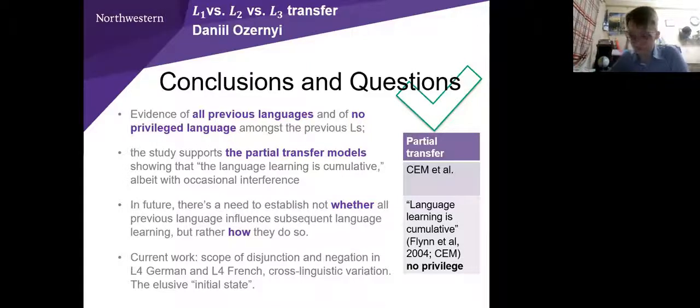Looking into further research, I think this study strongly suggests that there is a need to establish not whether all previous languages influence the subsequent language learning, but rather how it is that they do so. To do so, my follow-up work, which is at the stage of data analysis now, looks at the pure semantic property of the scope of disjunction and negation in L4 German and French.